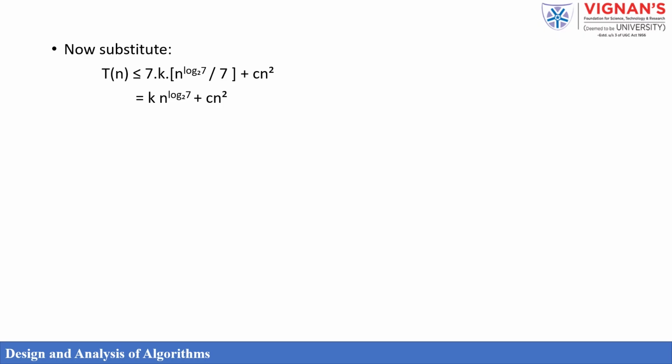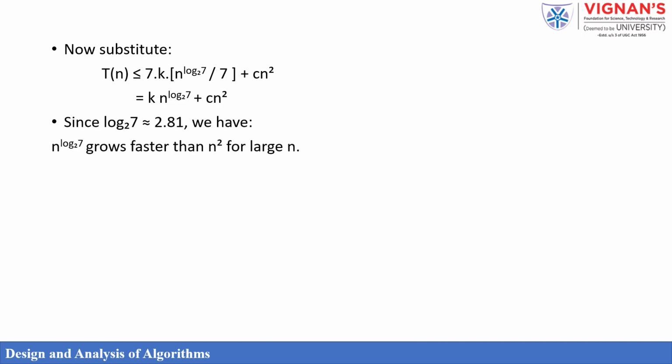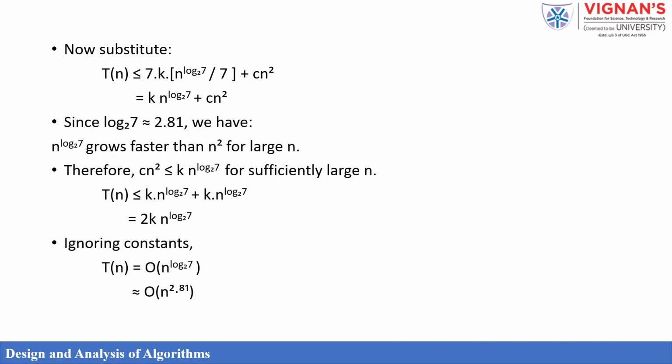Since n power log base 2 of 7 grows faster than n square, the n square term can be ignored for large n. Hence, by ignoring constants, the time complexity of Strassen's algorithm is big O of n power log 7 base 2, which is equal to big O of n power 2.81.